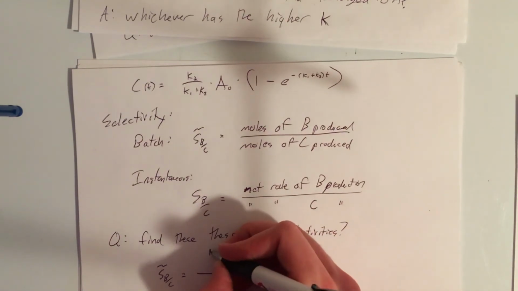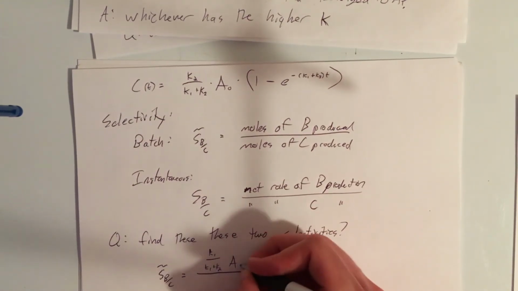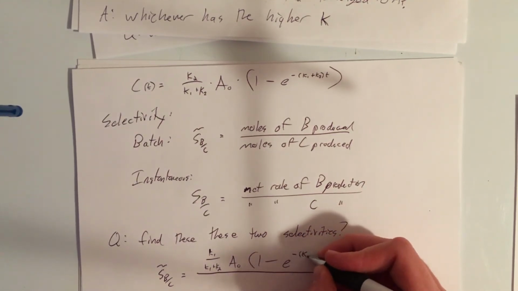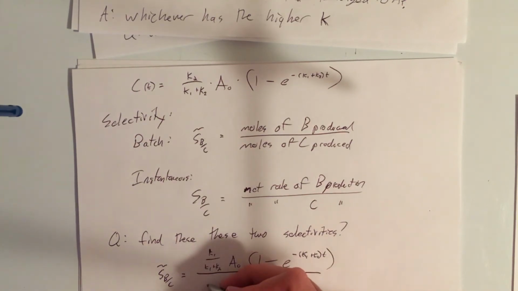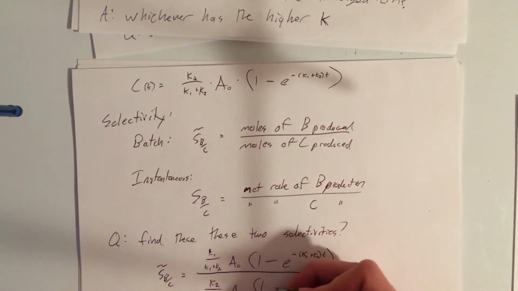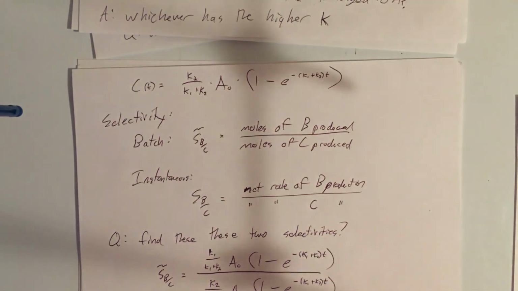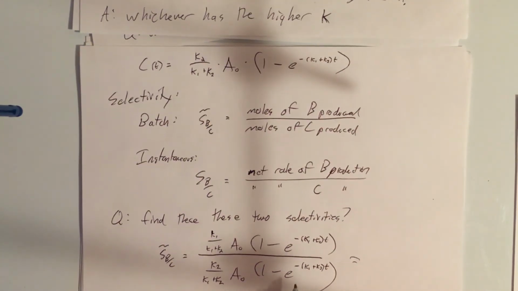Our B solution was K1 over K1 plus K2 times A naught times 1 minus e to the minus K1 plus K2 T. And then C was K2 over K1 plus K2 times A naught times 1 minus e to the minus K1 plus K2 T. Can we simplify this expression a little bit?